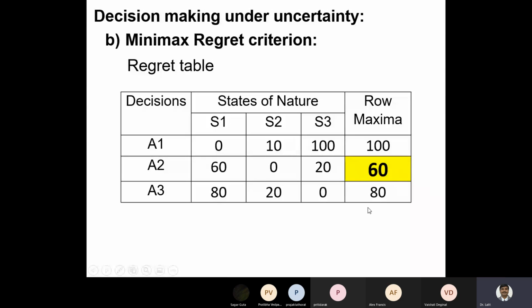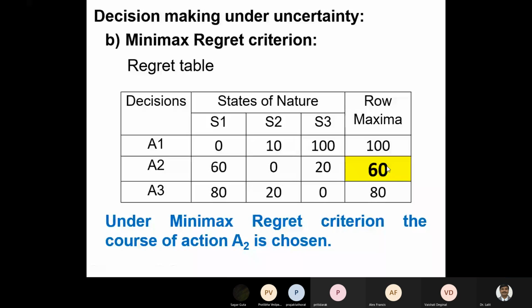The minimum among these is 60. So under this criteria, the decision A2 is chosen. Got it? Hope this concept is clear to you. Any doubt? No, sir. Okay, so we'll proceed further.